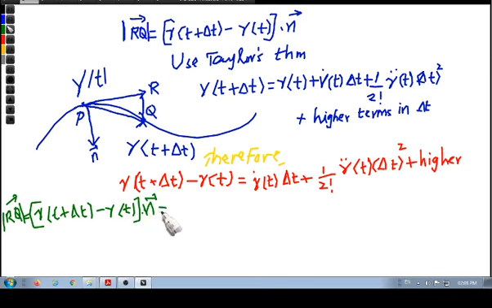So this is equal to gamma dot t dot product with n. What is that? 0, because gamma dot t is the tangent vector and n is the normal vector.